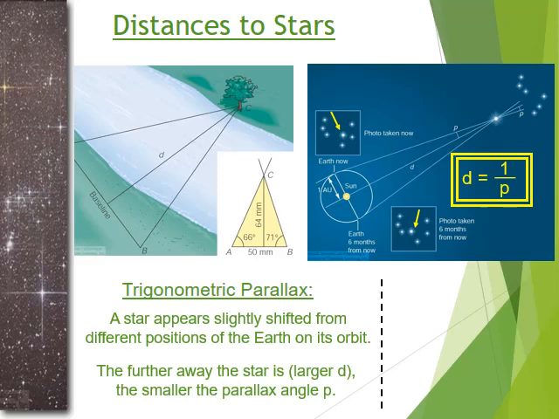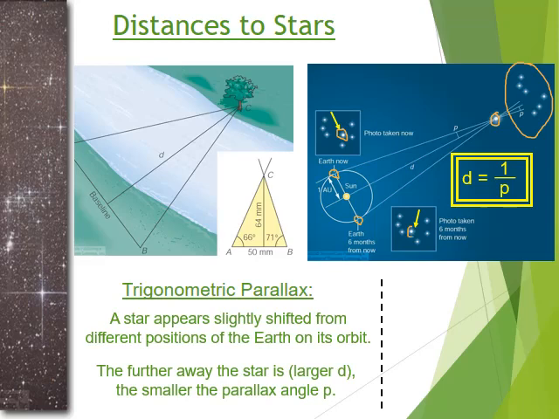But it turns out that some stars are closer than others, and if you have a relatively nearby star, such as this one, and you're looking at it with respect to these background stars, then it will shift if you view it at one point during the year and then wait 6 months later and look at that same star with respect to those background stars. It does appear to change its position.